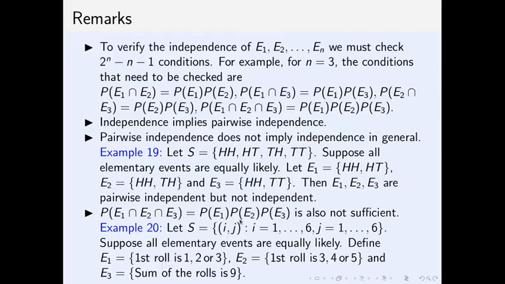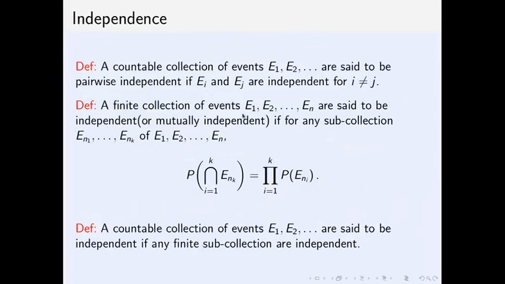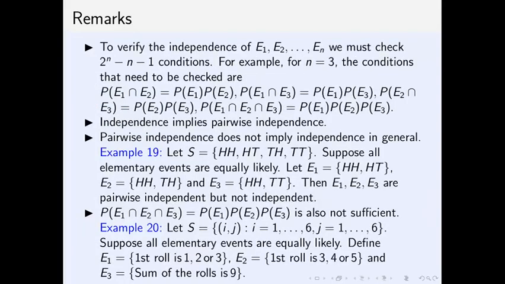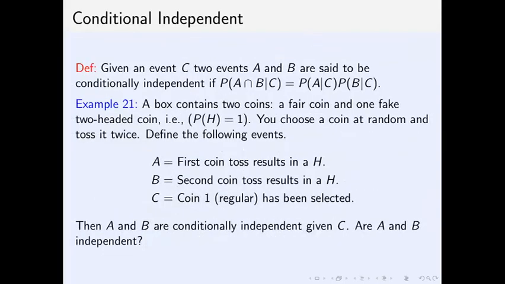So even if this last condition holds, that does not mean they are independent. This condition does not even mean that E1, E2, E3 are pairwise independent. So my point is that if I have to check whether the events are independent or not, I have to check all the 2 to the power n minus n minus 1 conditions. There is no way to escape. Okay, fine. So that is about independence.